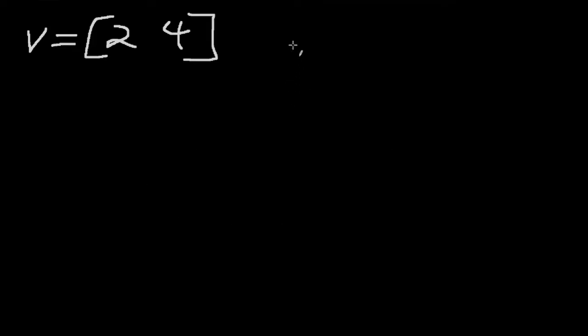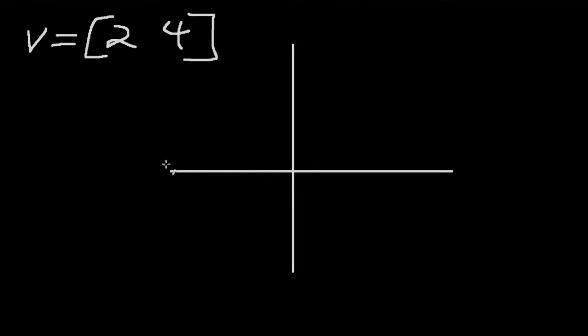Now, the way we would do this is we map it out on a standard little graph. And when you're just looking at a vector like this, you assume the origin point is 0, 0. And then you plot it as usual, where this is the x and this is the y. So we'd go over 2 on the x and up 4, 1, 2, 3, 4.